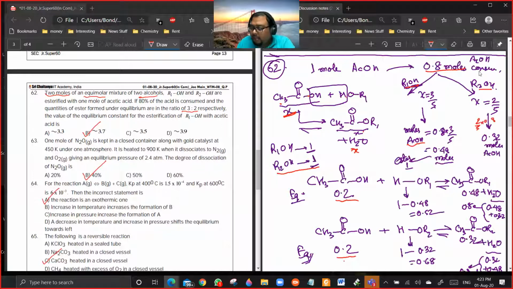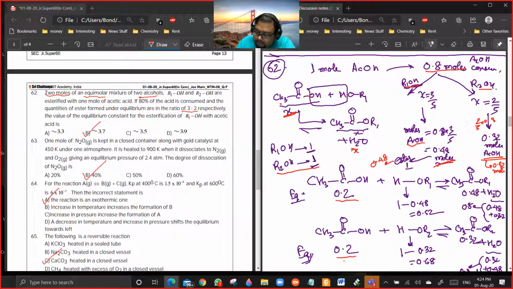Or you can simply deduct this from the original. So in both cases you will get the answer to be 0.32 moles. So you see 0.48 moles of acetic acid reacted with this, so you will get 0.48 moles of ester 1. And this will give 0.32 moles of ester 2.